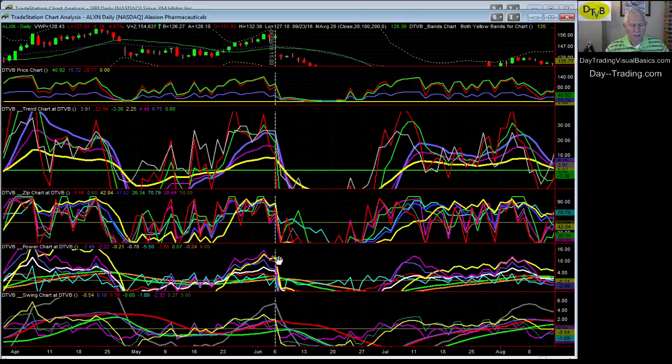What we have here is, for example, if you look at the trend green and the trend red, the trend red is significantly lower than the trend green. Trend red is at 10 and trend green is at 18.